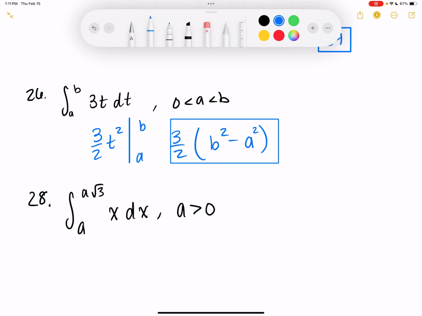So what would the antiderivative of x be? 1/2 x squared, and we're evaluating from a to a root 3. Again, I can leave the 1/2 out front. So 1/2 times a root 3 squared minus a squared.